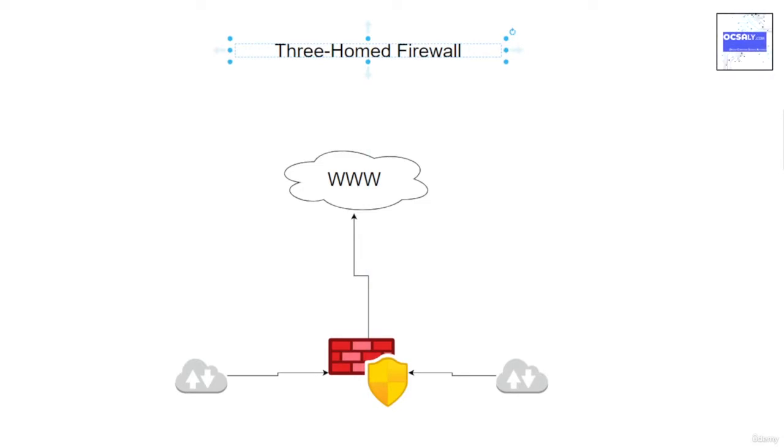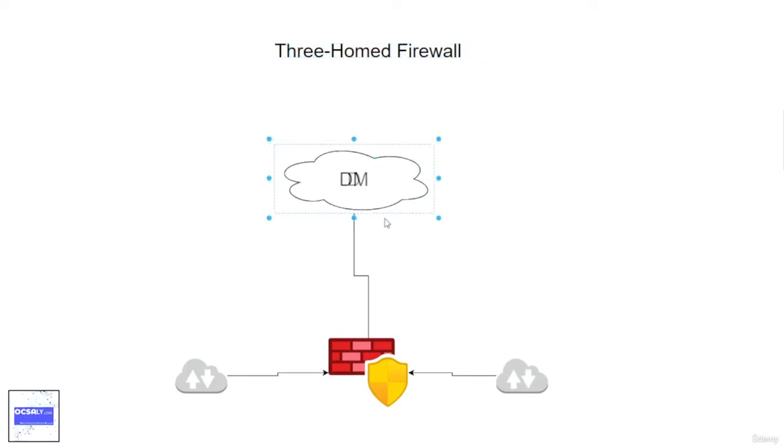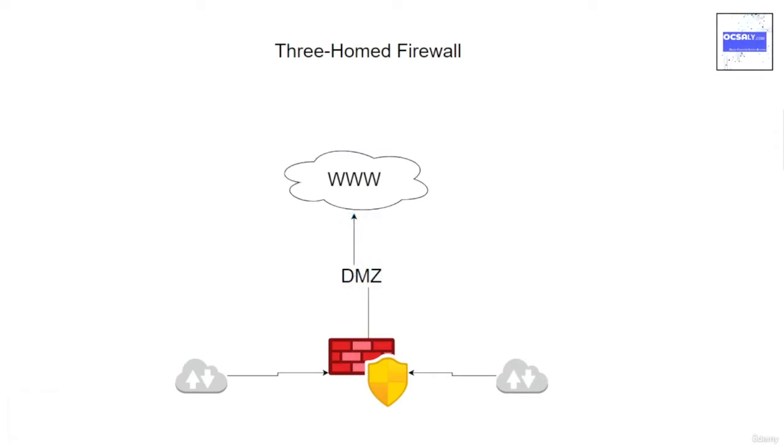This implementation is sometimes also referred to as a triple-homed firewall or screened subnet. Each home on the firewall refers to a different network: the external network, the DMZ, and the internal network. So let's write here, DMZ. Actually, not www, and this is the DMZ.